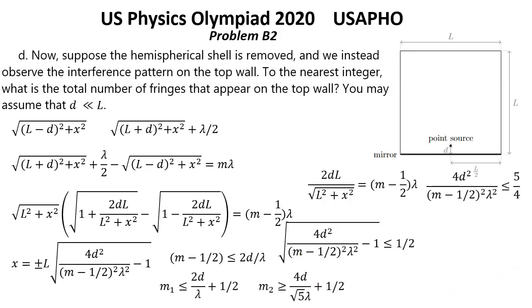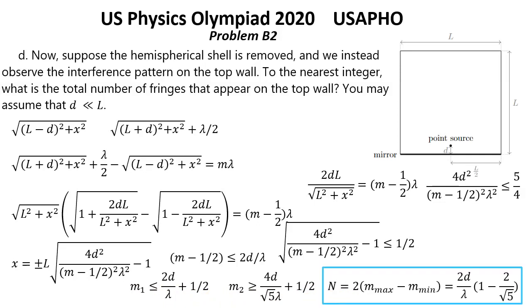On the one hand, m must be greater than this expression, but less than this expression. Finally, we get a number of fringes equal to this one, and the factor 2 comes from there being two sides to the interference pattern. So that was the solution for question D, and here we have solved all questions for problem B2.